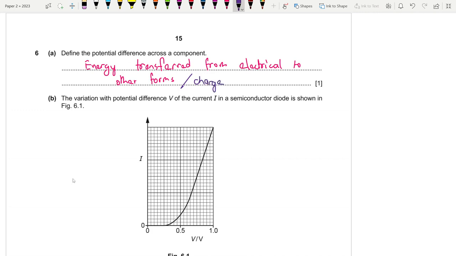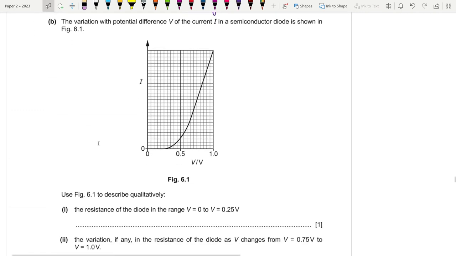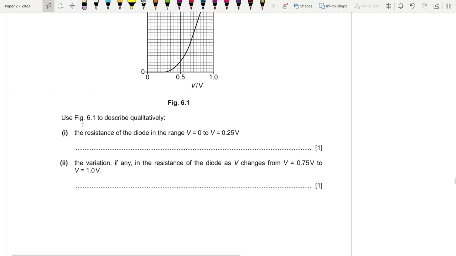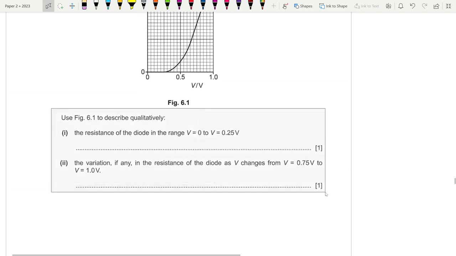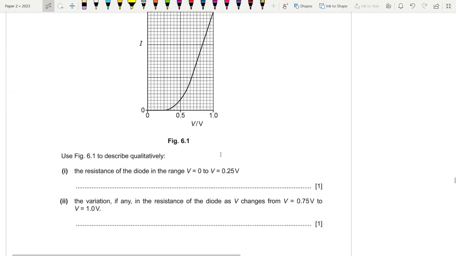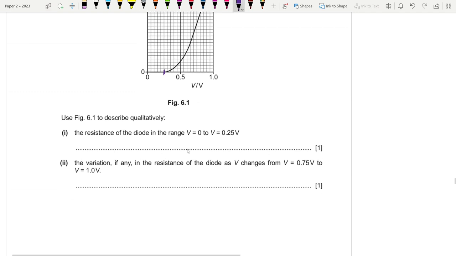Now this is the IV characteristic of a semiconductor diode. Use figure 6.1 to describe qualitatively the resistance of the diode in the range of V0 to 0.25. So it's basically, since current is 0, it has infinite resistance because current is not flowing.